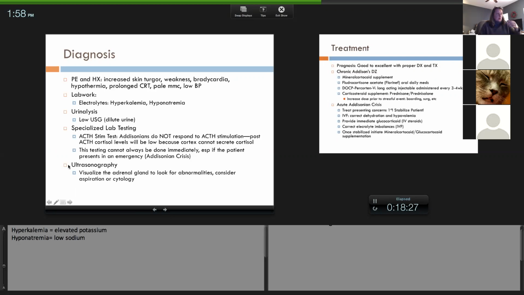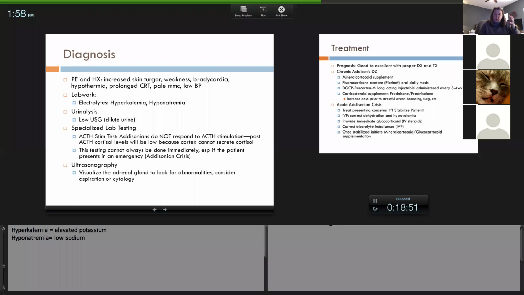If there is ultrasonography, you can use ultrasound to look at the adrenal gland and see whether it's a normal shape. A term that I didn't use yesterday is echo texture. When you look at an ultrasound, you're using sound waves, the echo and sound.